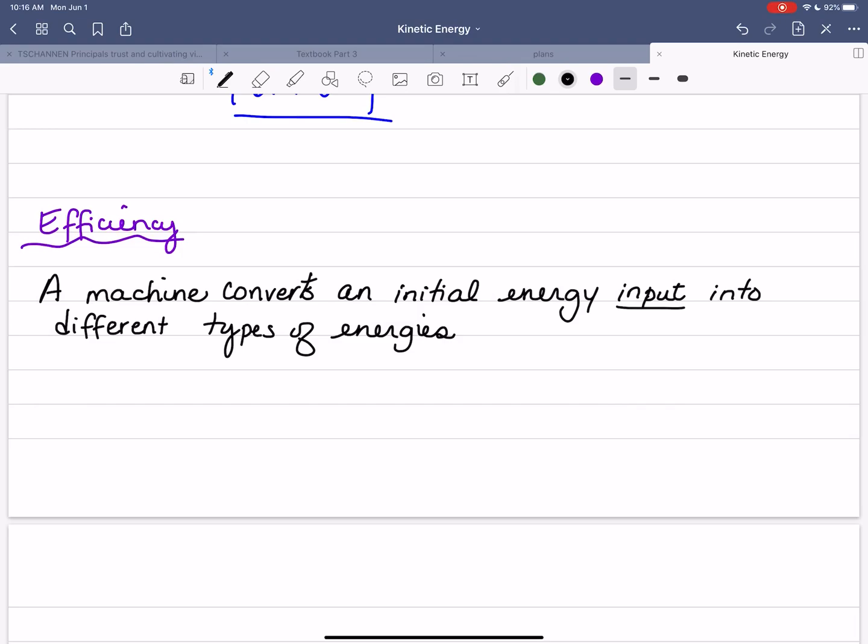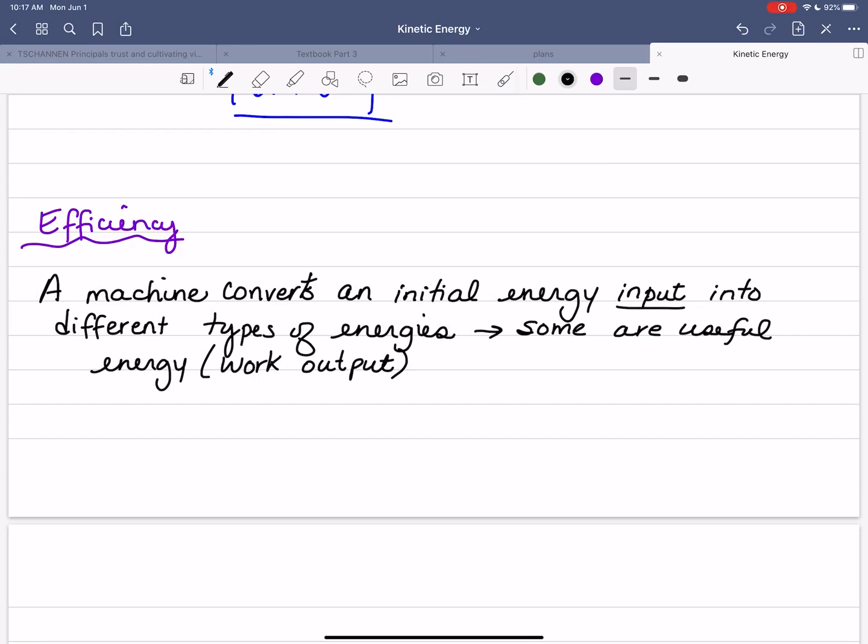However, not all of those energies are useful to do work. So we say some are useful energy, or work output, right? So if I'm putting electrical energy into my light bulb, I want light to come out of it. That's the work that I want the light bulb to do.